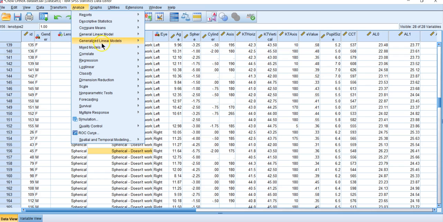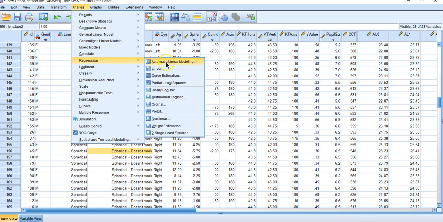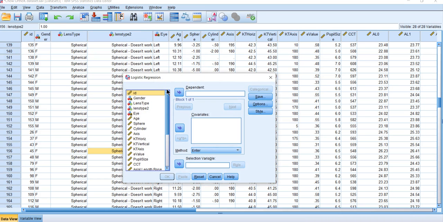So when we do this, we just have to keep in mind what these stand for. Now let's go to analyze, and just like in the logistic regression with a single variable, we go to binary logistic, and we're going to go to lens type 2 because now it just has those two values, 0 and 1. And we're going to see what factors predict that. So we have sphere, cylinder.